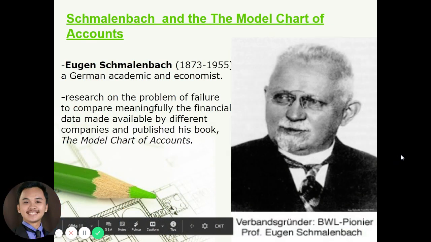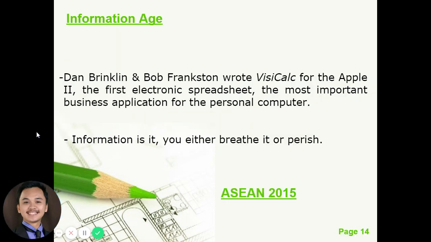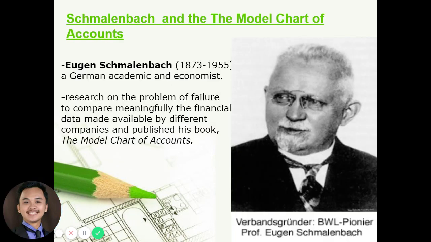We also have Eugen Schmalenbach, a German academic economist, who did research on the problem of failure to compare meaningfully the financial data made available by different companies and published his book, The Model Chart of Accounts. So this particular scientist, Eugen, is actually the one who introduced the chart of accounts.